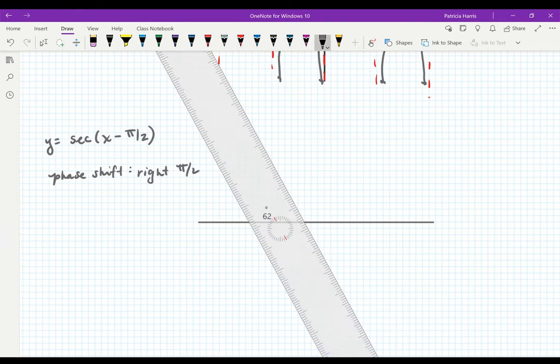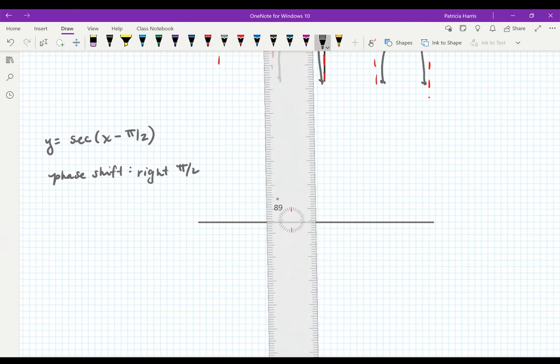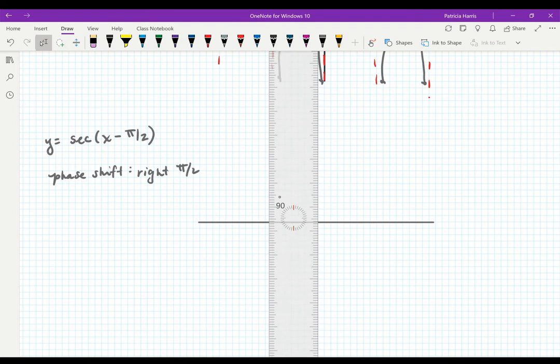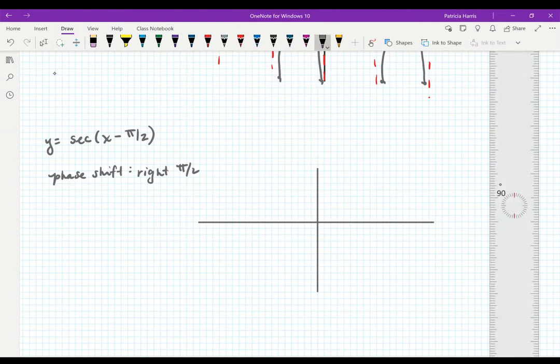Okay, again, this is secant, so we're going to want to use cosine. All right. No period change, so everything stays the same. I always found these graphs to be kind of fun, but again, you guys should know by now that I am a little strange like that.